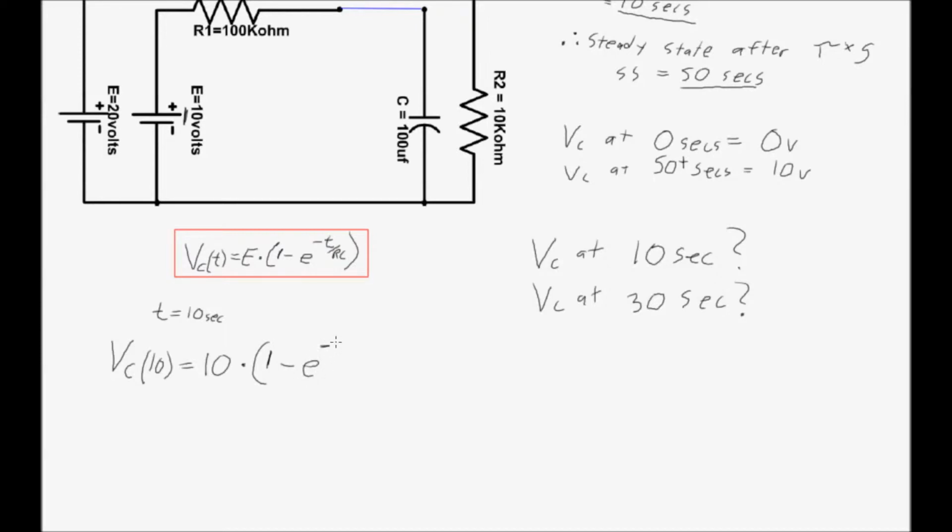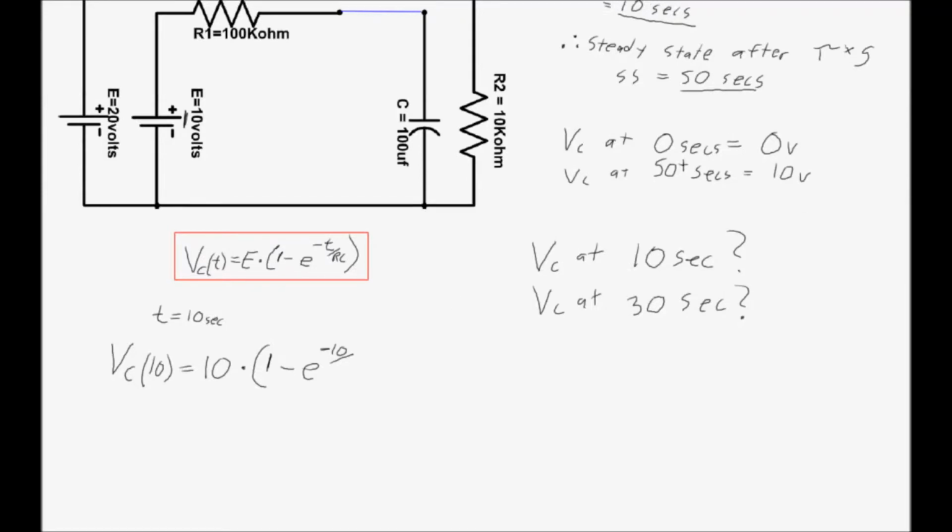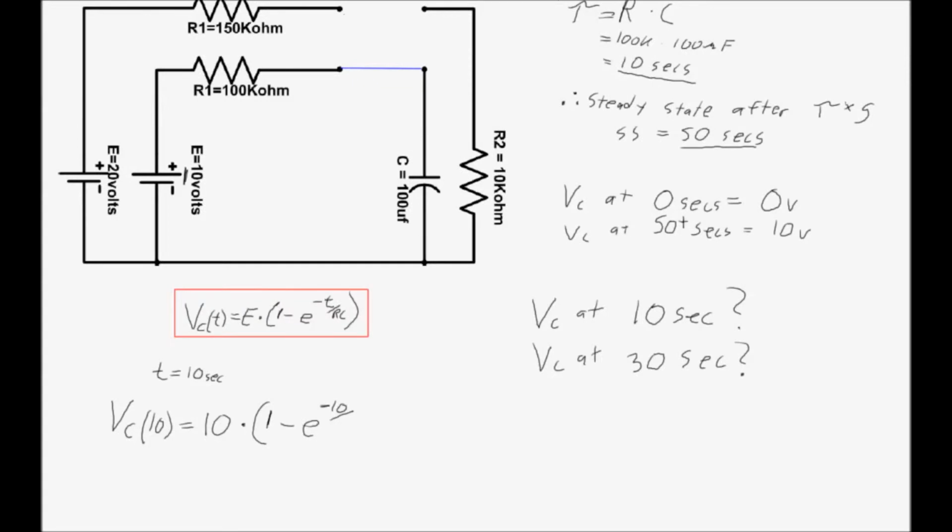Remember, t in this case is going to be 10 seconds, over RC. RC is the time constant. R times C is our time constant, which is 10 seconds. So we'll just plug that in there as 10 seconds.